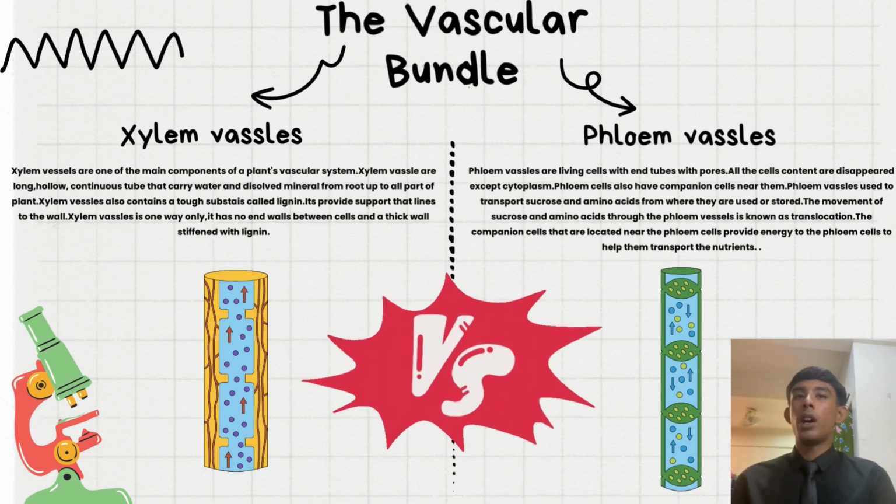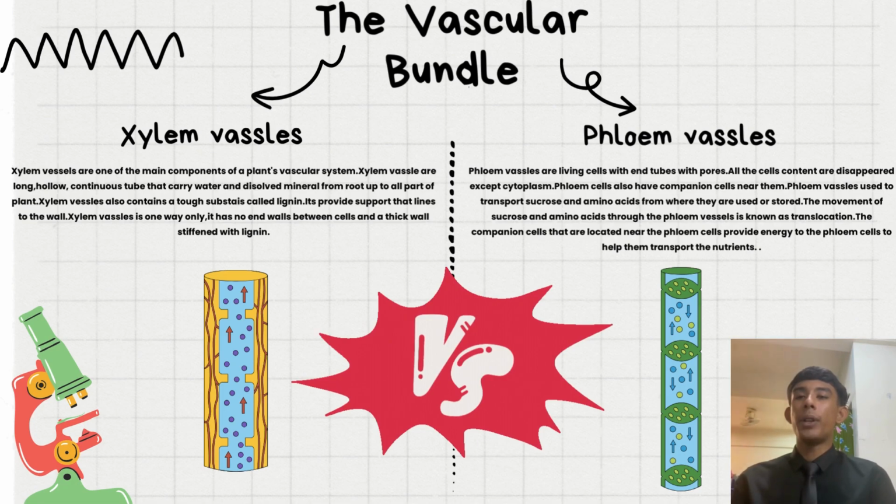The movement of sucrose and amino acids through the phloem vessels is known as translocation. The companion cells located near the phloem vessels provide energy to the phloem cells to help them transport the nutrients.